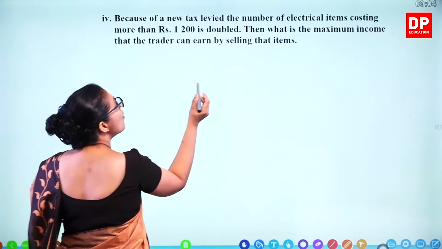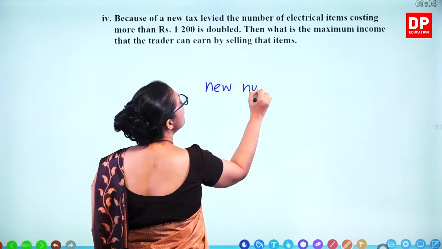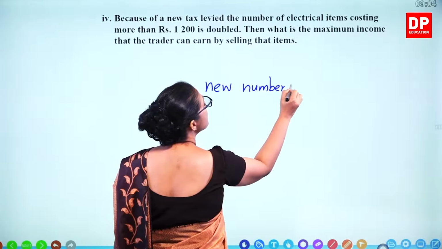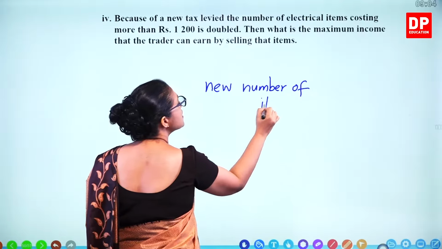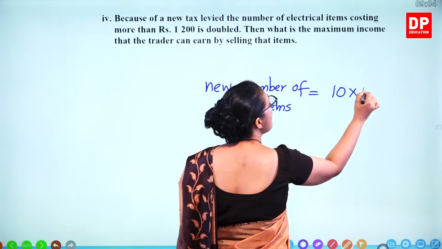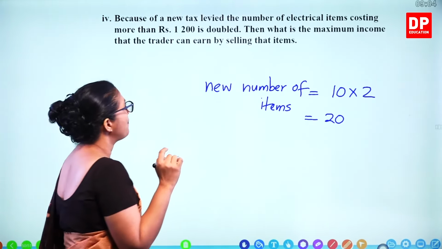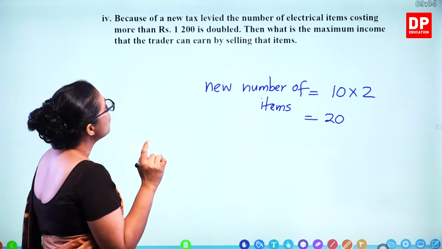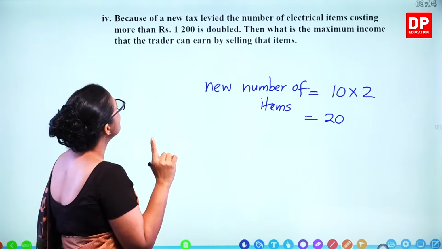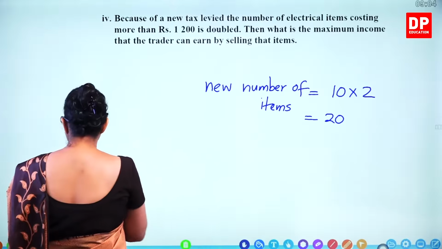So now the new number of items becomes, earlier 10, now it's doubled. That's 20 items.